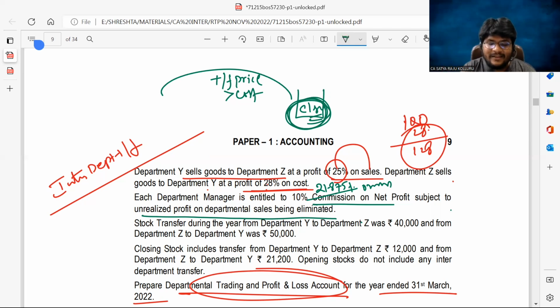After adjusting such stock reserve, how much net profit is there? Based upon such net profits, the departmental manager will get 10% commission. That is the point he is telling.